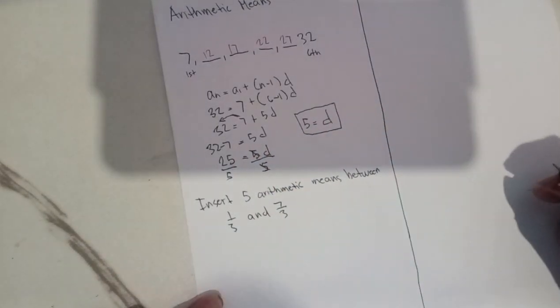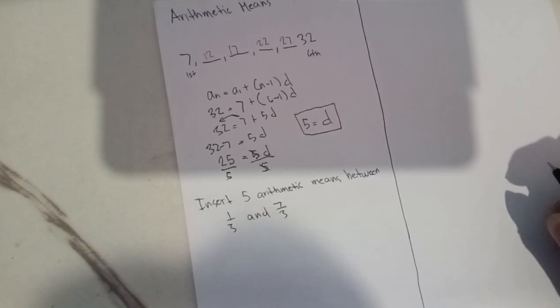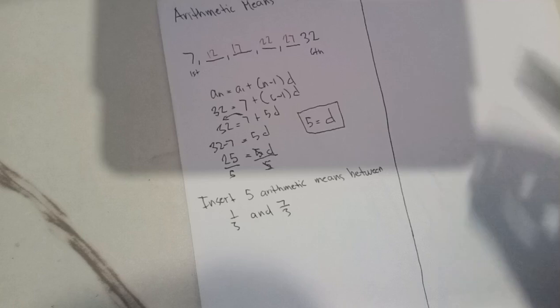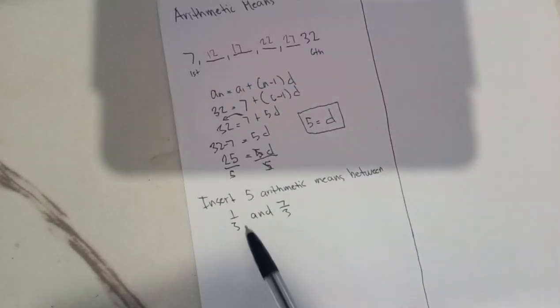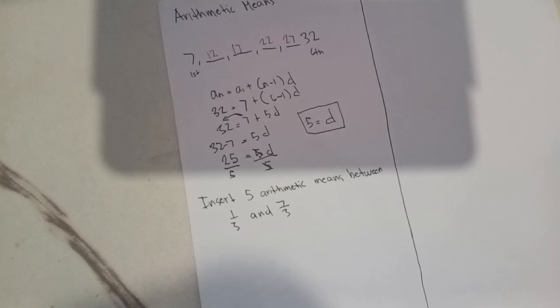So, paano pag ganun? Sabi dito, mag-insert daw tayo ng 5 arithmetic means, which is ito, between 1/3 and 7/3. Okay, so anong gagawin natin first?